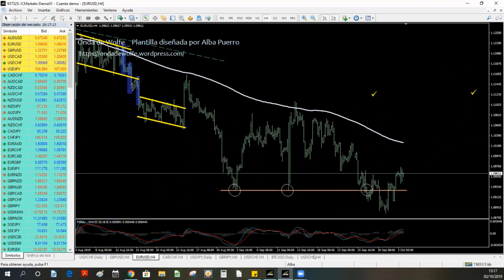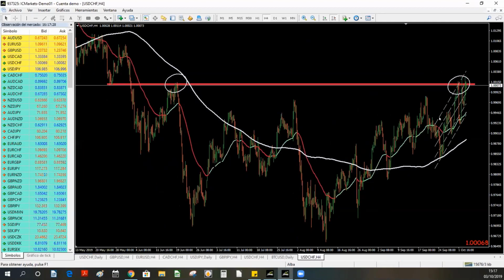These two pairs are the same in correlations. One goes up and the other goes down. But there was a weird move the other day. Euro was down and Swiss was up. Yes, yesterday. Because this pair is very manipulated by the Swiss bank.